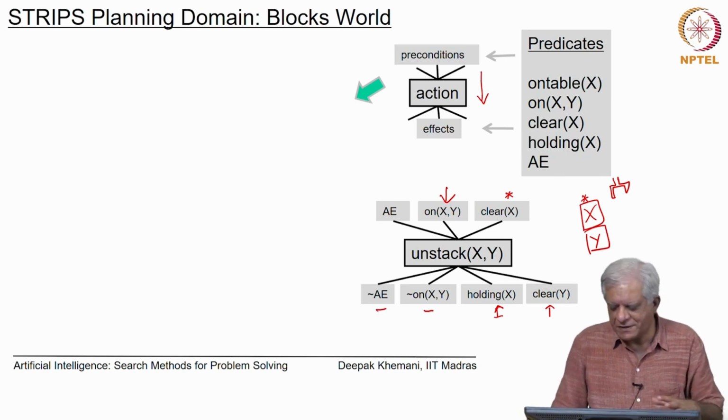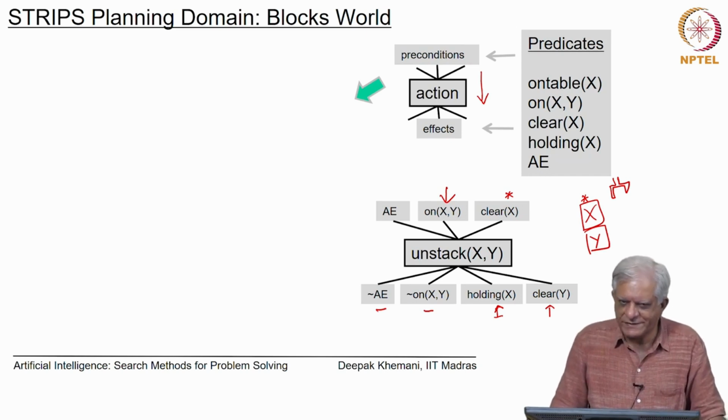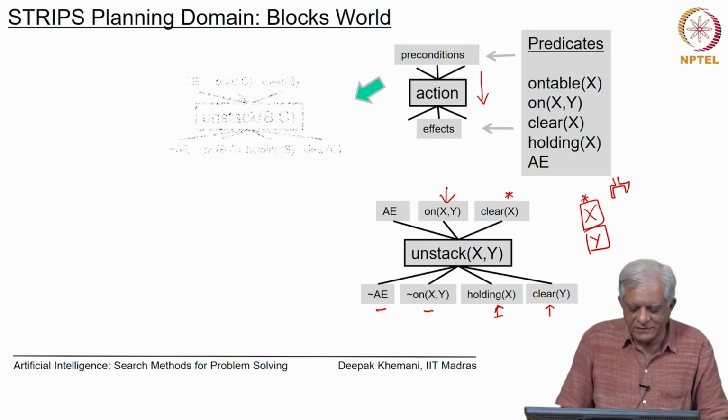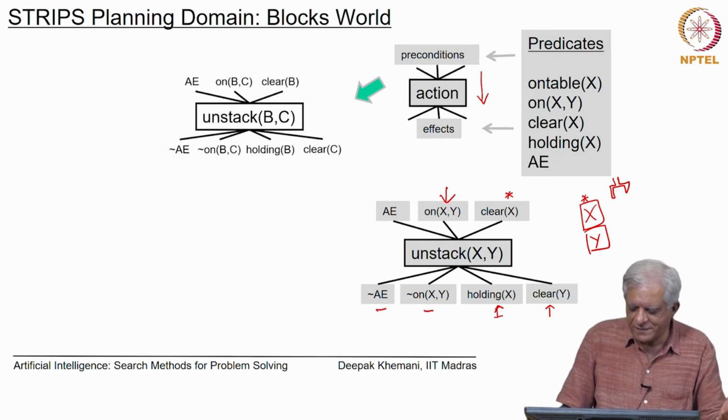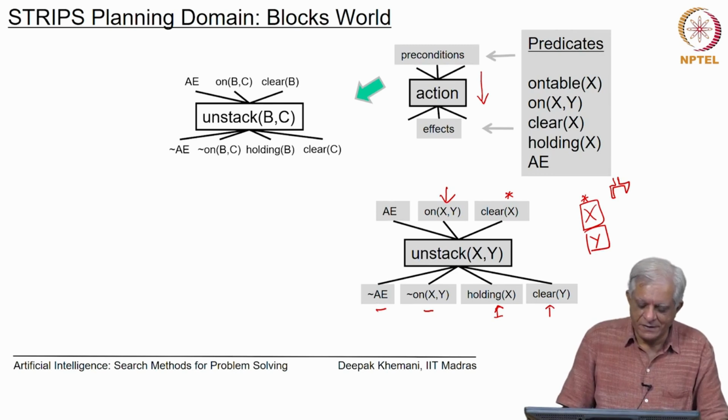So, this operator completely describes this action, or the action schema, when you want to unstack one block from another block. So, an instance of that would be something like unstack B from C. So, it must be true that B must be on C and there must be nothing on top of B, and so on and so forth.